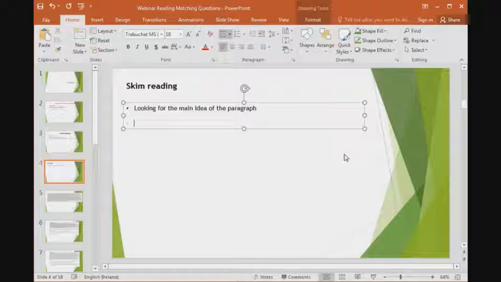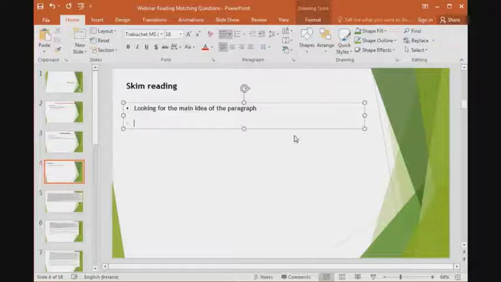Okay, so for skimming, as you said, we're looking for the main idea. So in order to do that, you should read the first sentence of the paragraph. Okay, so if we read this first sentence, what are we reading? What type of sentence is the first sentence usually? Not the headings, because remember, you're trying to match the headings. So the headings are in a list.